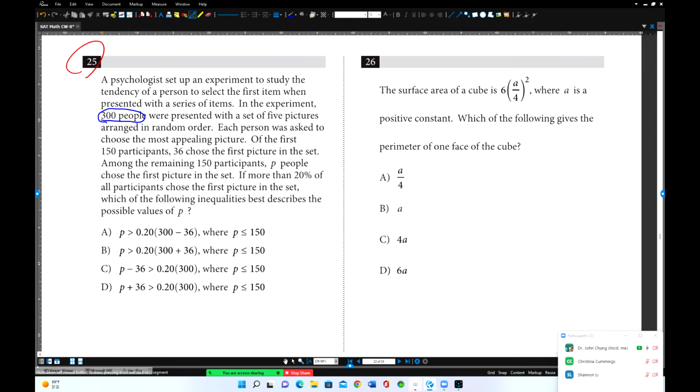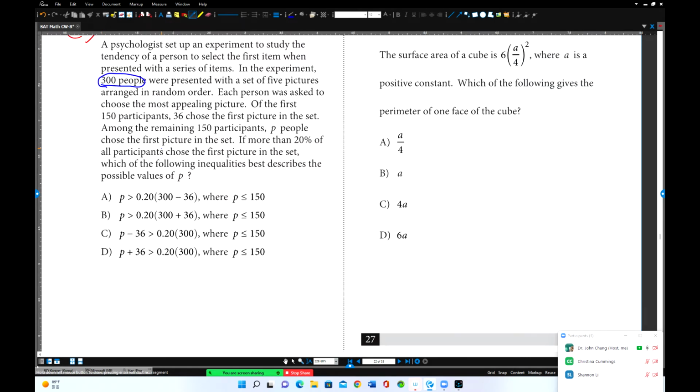Each person was asked to choose the most appealing picture. Of the first 150 participants.